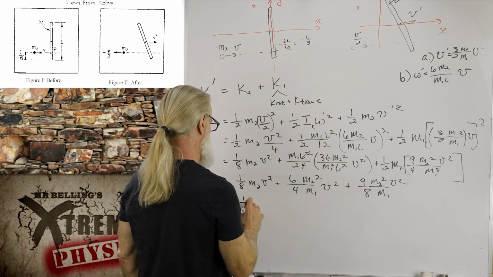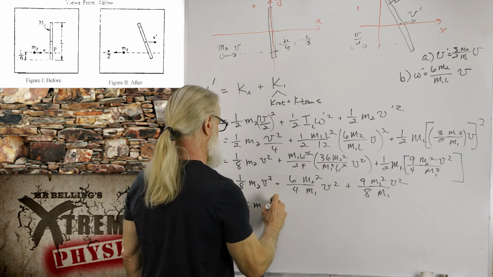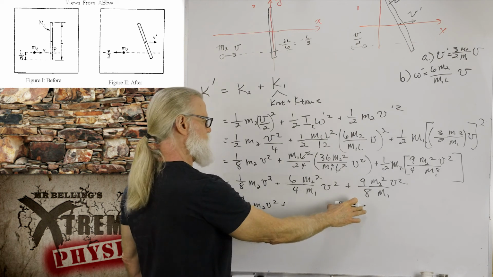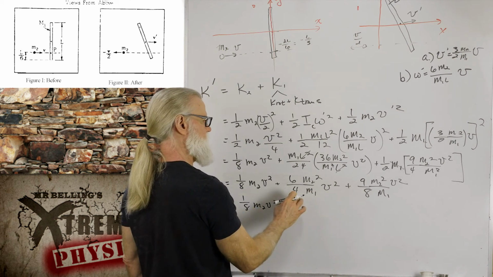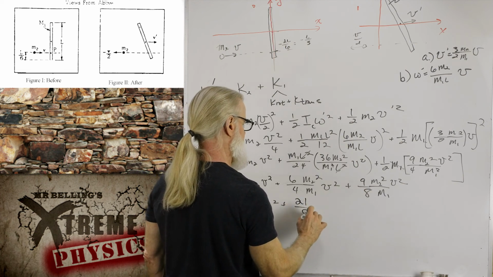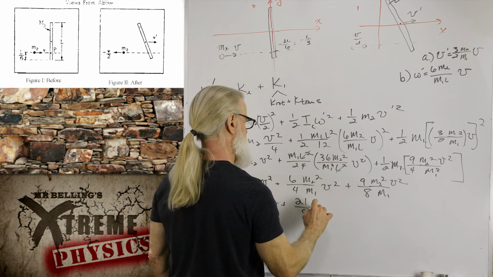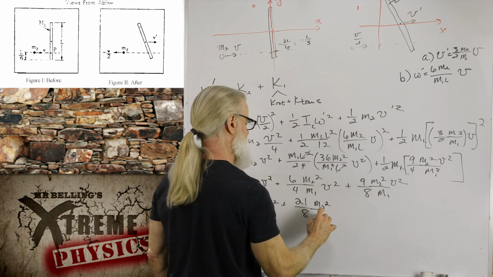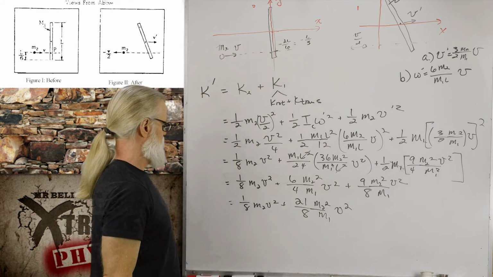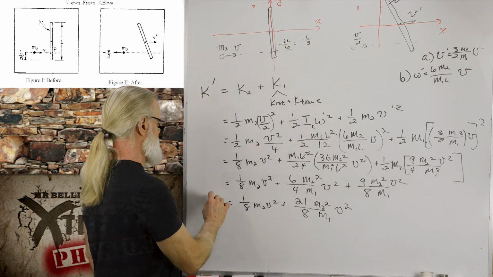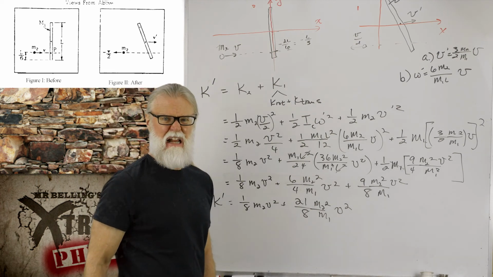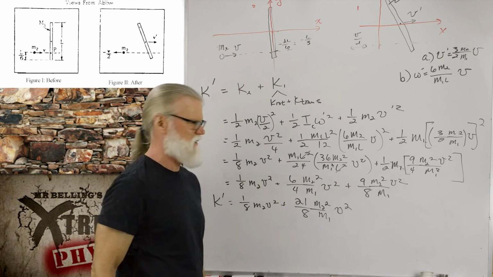Got 1/8 m2 v squared plus, looks like we can combine these. That's 12/8 plus 9 is 21/8 m2 squared divided by m1 v squared. All right, well, that's kind of a mess. That's K afterwards. That was a lot of work, a lot of just algebra.